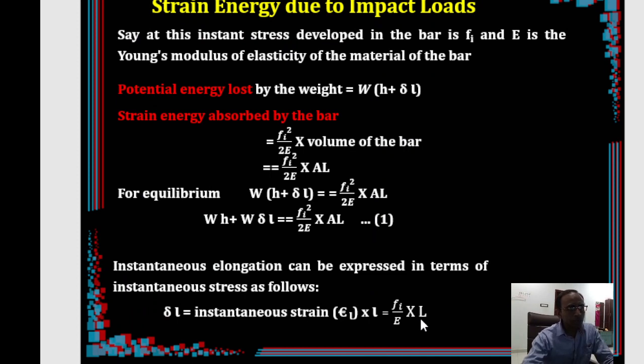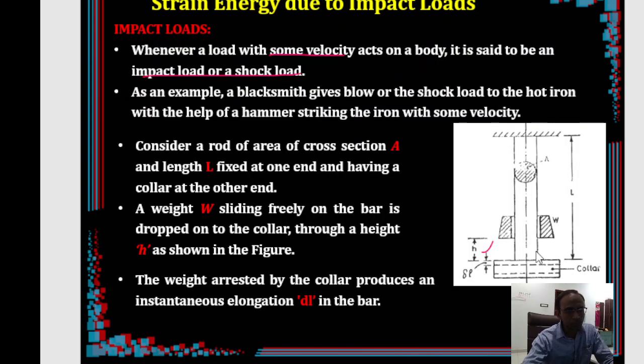Now, let's consider the position of equilibrium from the perspective of what was the energy lost by the weight and what was the energy gained by the bar. Potential energy lost by the weight, because it was dropped down from a height of h.